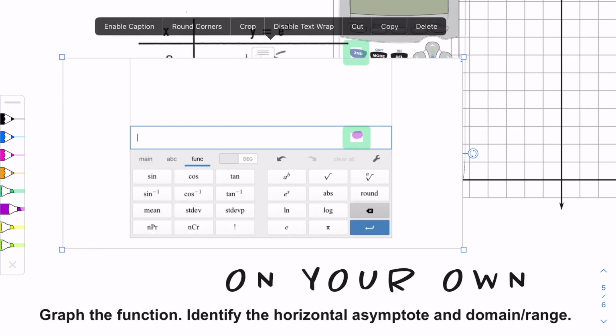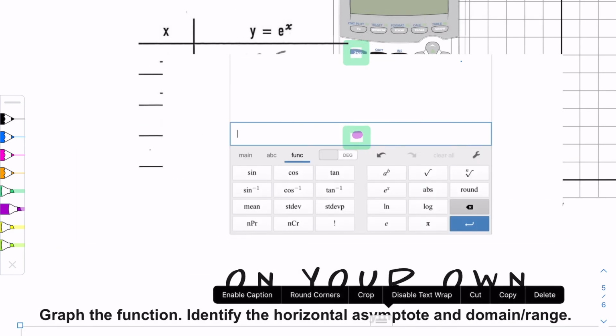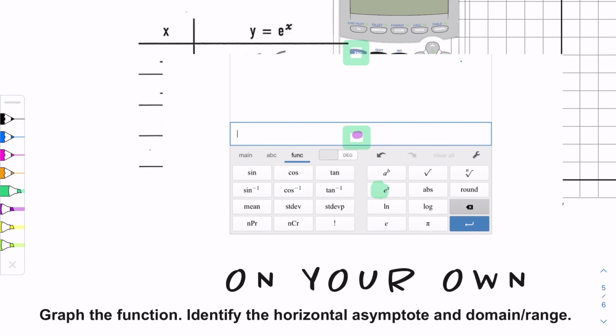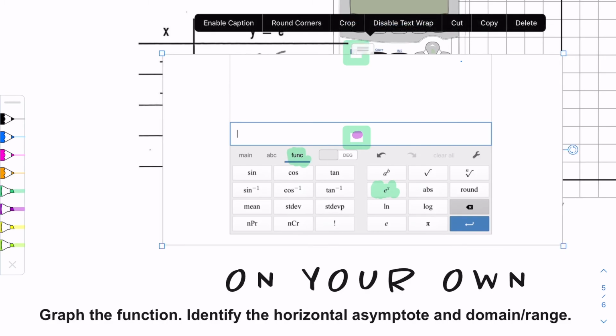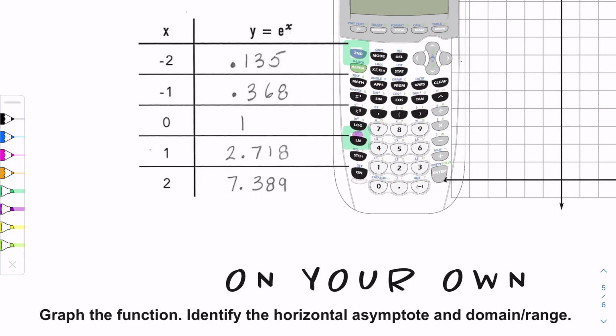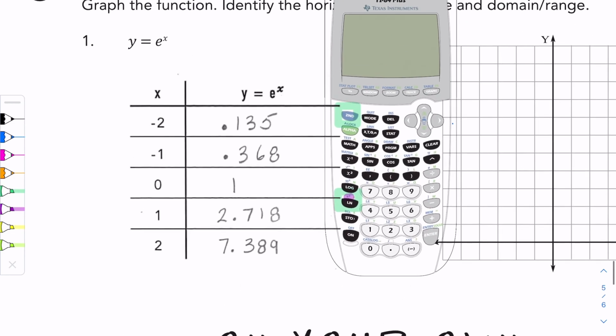Okay, so on this calculator, the number e is found right here. You have to select function, and then right there where I highlighted, e raised to the power of x. So that's where it is on desmos.com/scientific. Whatever calculator you have, there are multiple different ways to insert the number e. If you have a question or need help on it, just let me know.